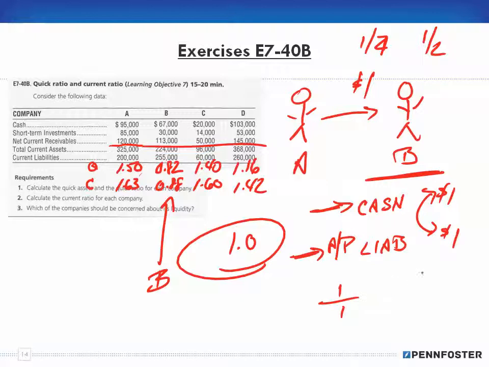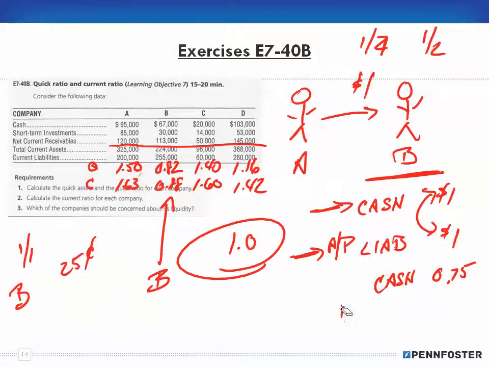But let's say that on January 1st, person B goes out and spends 25 cents on a newspaper, okay? Well, now person B's cash is 75 cents, right?